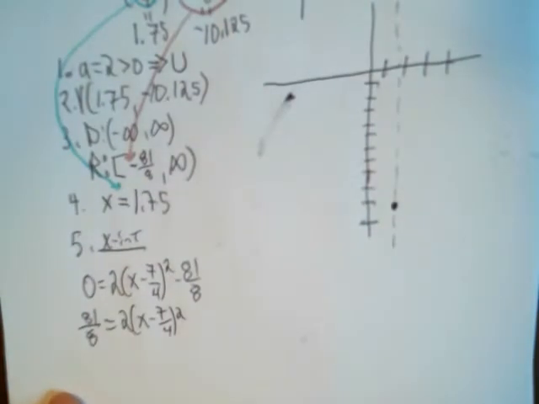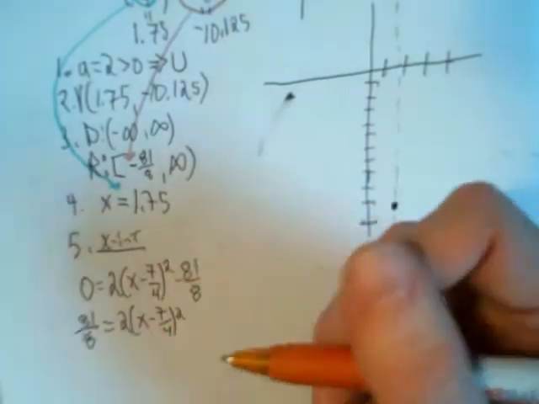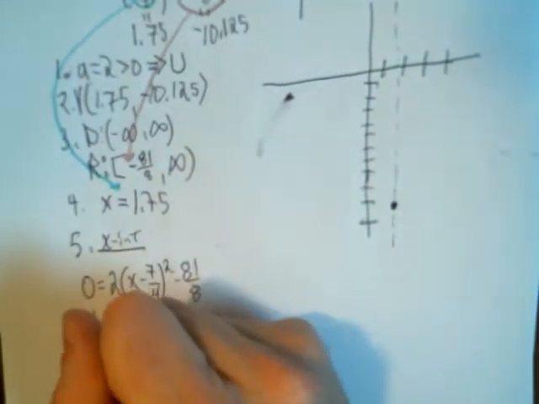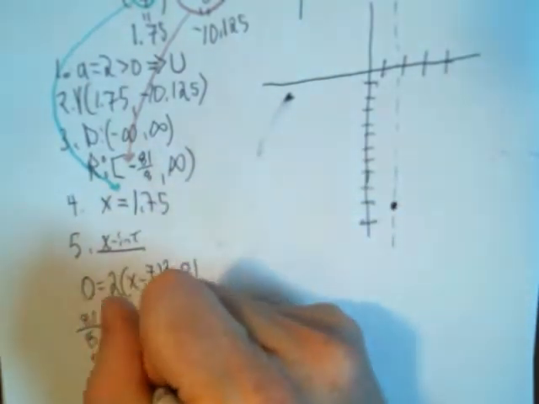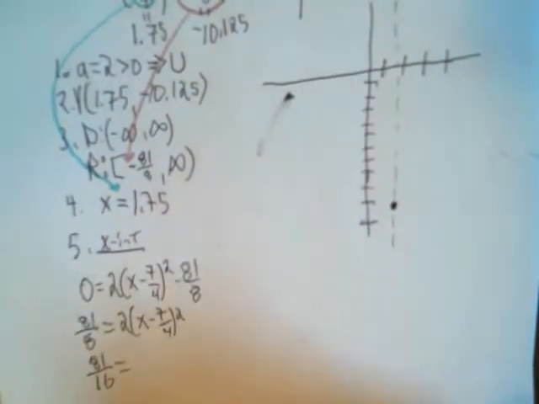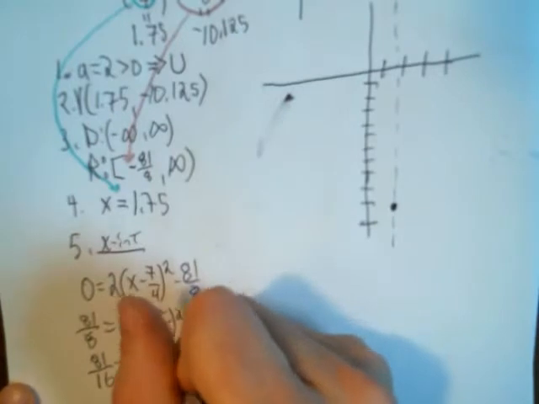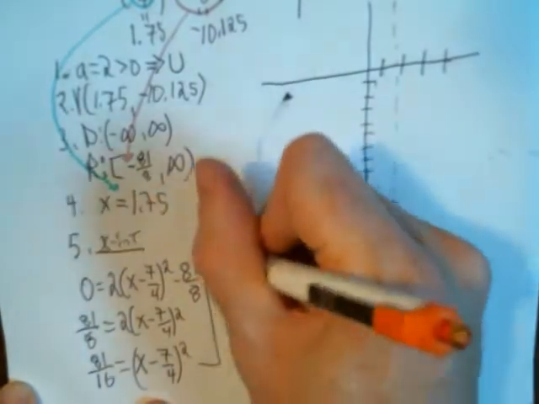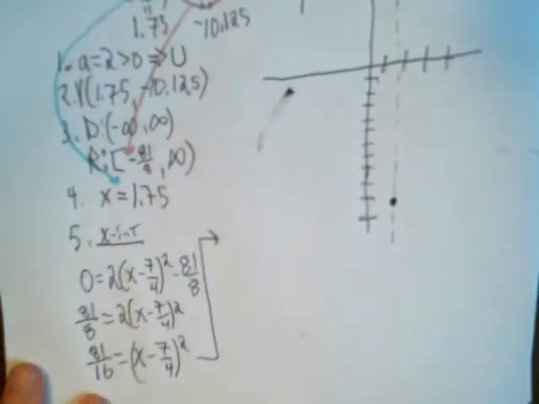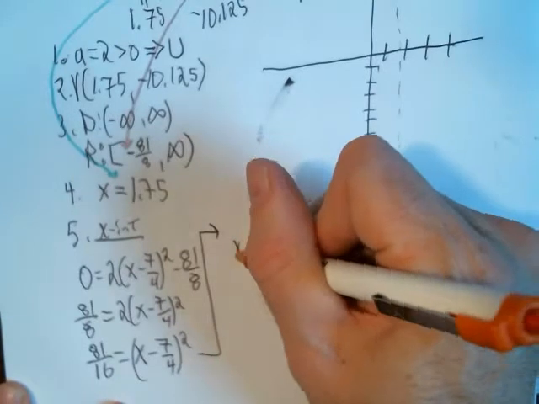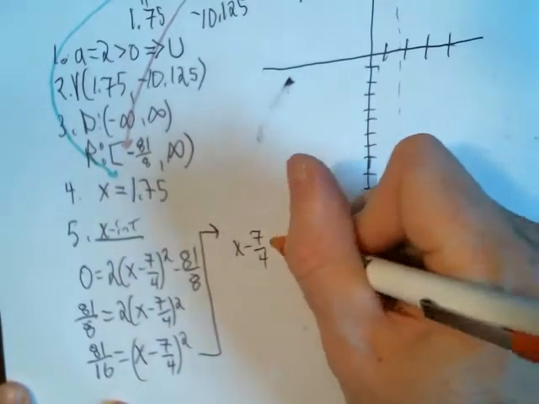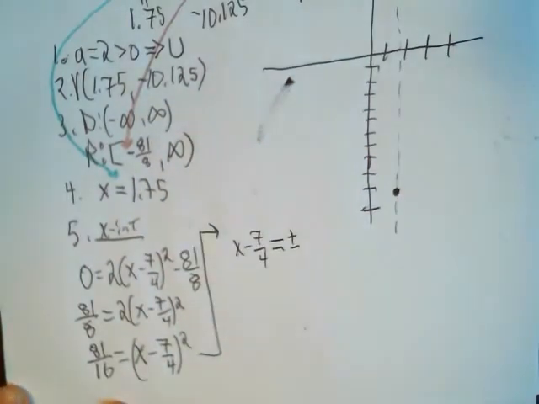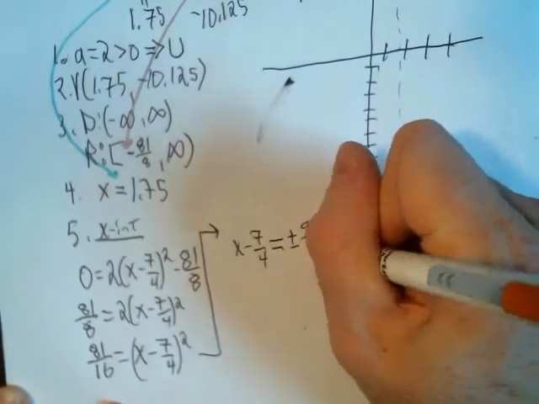Equals 2 times x minus 7/4 squared. Divide both sides by 2, which is equivalent to multiplying both sides by 1/2. And you get 81/16 equals x minus 7/4 squared. Do square root property, so you get x minus 7/4 equals plus or minus square root of 81/16, which is plus or minus 9/4.